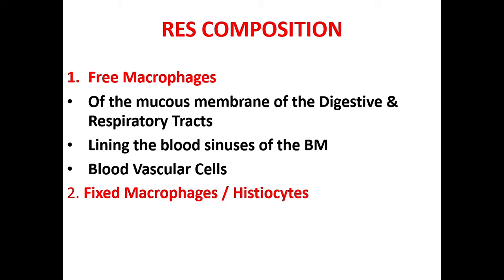They could also be found lining the blood sinuses of the bone marrow and also in the blood vascular system as part of the blood vascular cells, while the fixed macrophages or histiocytes are found in a particular organ or structure of the body, and they are considered to be the guardian of that particular organ or structure as a macrophage or a phagocyte.